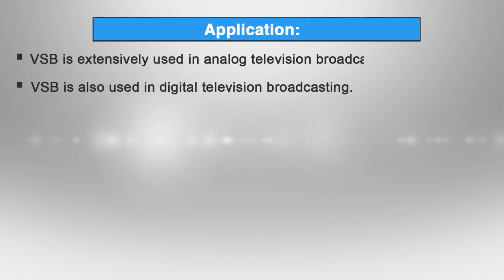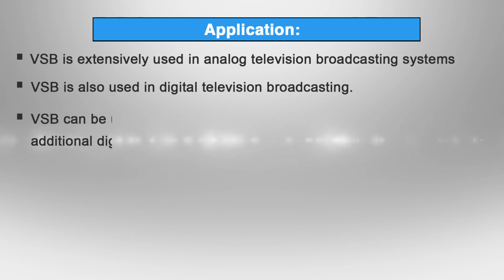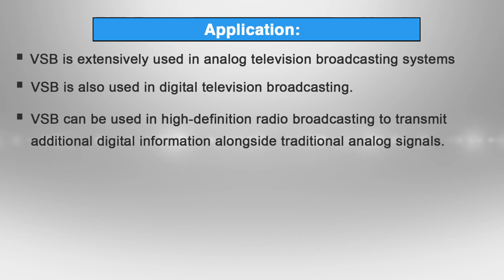Now, let us see the applications of vestigial sideband. The first application is that VSB is extensively used in analog television broadcasting systems. It is also used in digital television broadcasting. The second is that VSB can be used in high definition radio broadcasting to transmit additional digital information alongside the traditional analog signal.